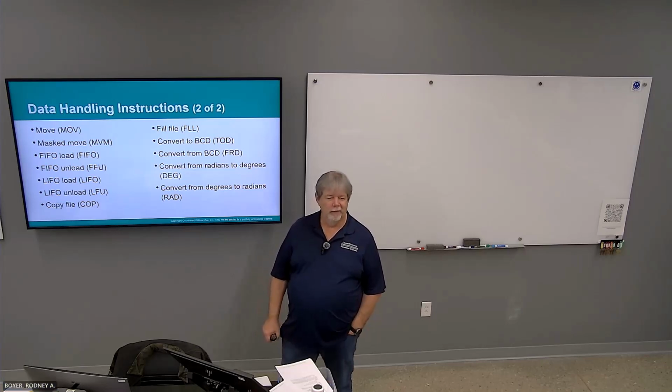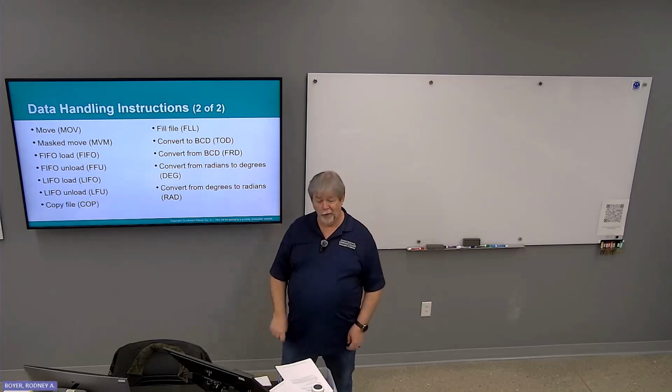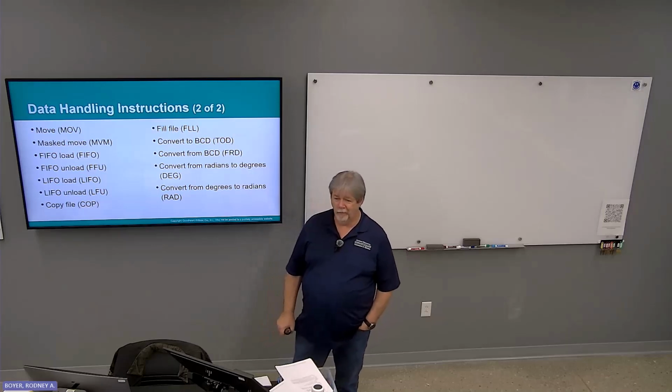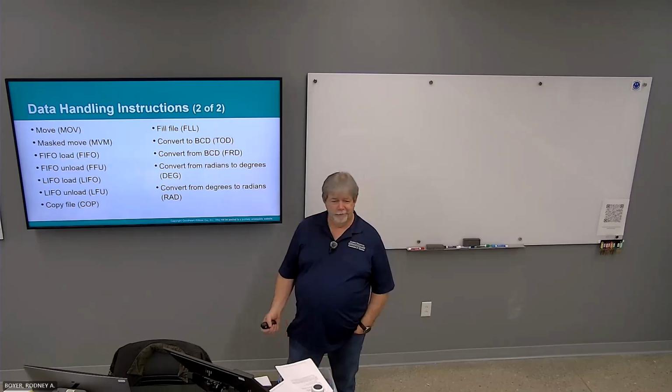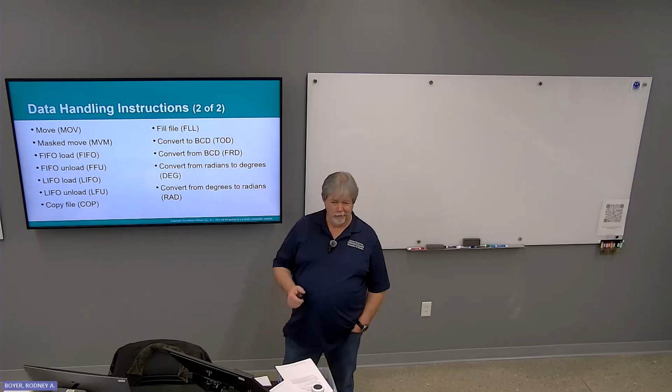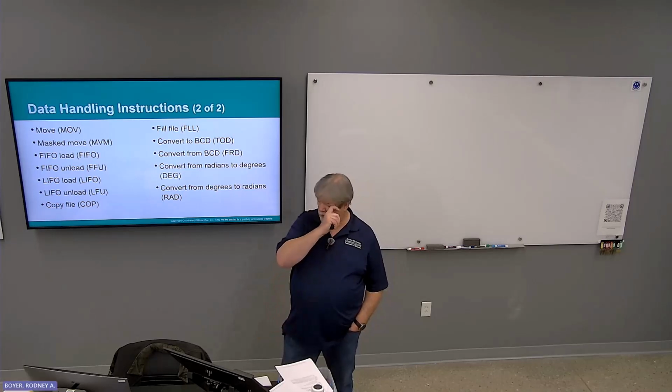Nobody uses radians in the normal world. Anytime you're using radians, it's some kind of a very scientific process. Unless you guys go to work for a nuclear facility, you're probably not going to even be remotely worried about it.